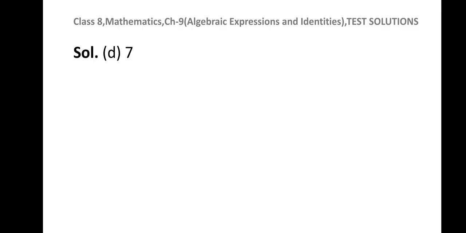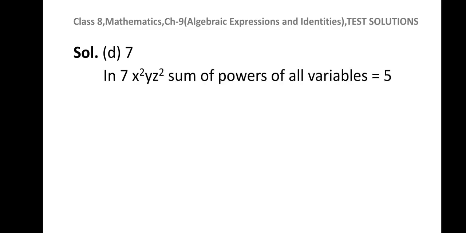So let us see. Basically, first of all, I am telling you the answer. Answer is D option, that is 7. But how? Let us understand how the answer is 7. I am solving term by term. I have taken all the terms separately, and then I will be taking the greatest sum, and that will be the degree.